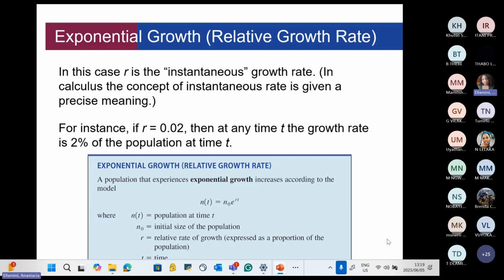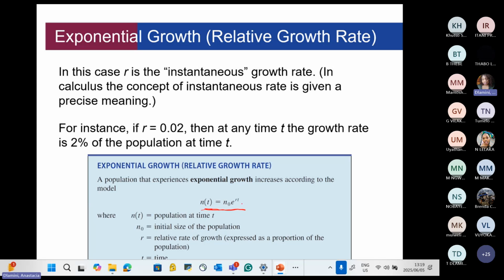So they don't say that the population doubles, but they might say that the population grows at the rate of 2%. Same applies to inflation. It grows at the rate of, I don't know whether 5% or whatsoever. Right? So now the exponential growth, relative growth rates. A population that experiences exponential growth increases according to this one here.